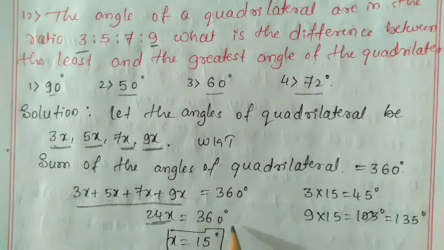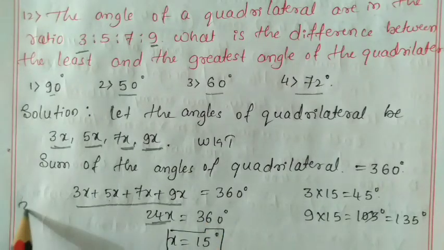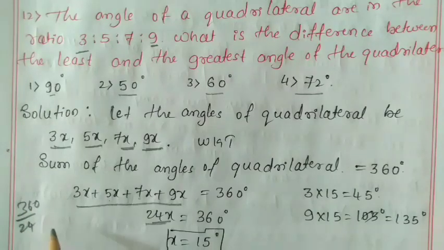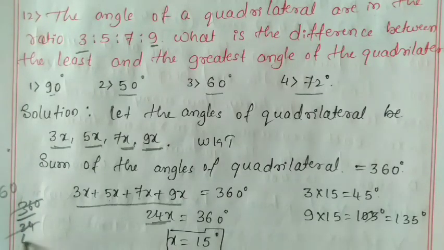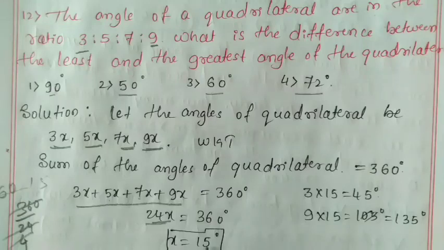Then you bring the 24 to this side, so x equals 360 by 24. You can cut this by using 6. 6 sixes are 36, the 0 stays as it is. 6 fours are 24. Next, 4 ones are 4, 15 fours are 60. So therefore the x value is 15.